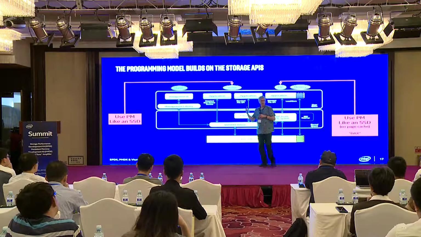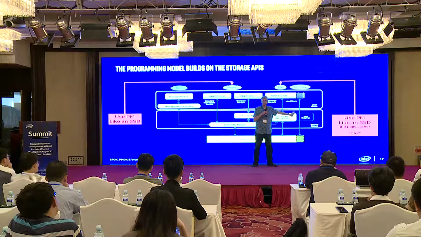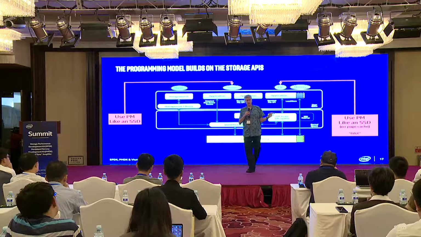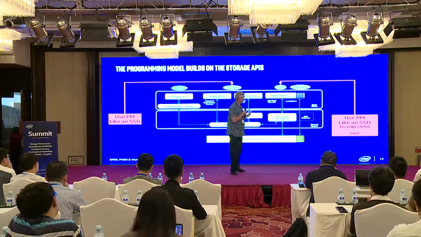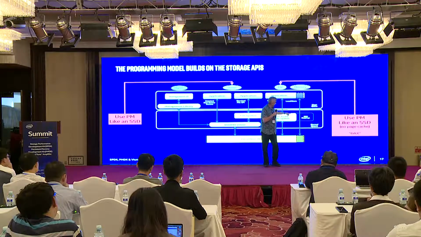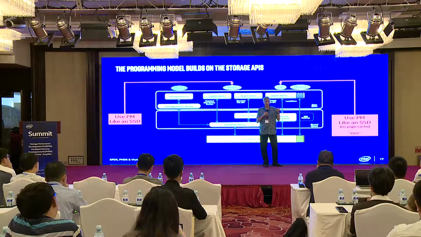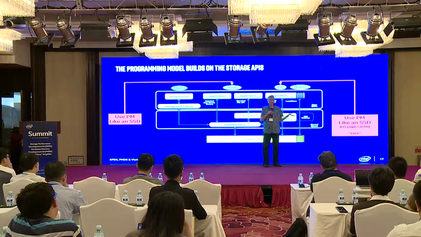Well, you know, historically msync is about flushing the page cache. There's no page cache over here. There's no caching. So what is it flushing? It's flushing the CPU caches. That's what needs to be flushed to make something persistent. So when I call msync, msync goes into the kernel and it says, oh, this is persistent memory. All I have to do is use this instruction to flush the CPU caches. But that instruction is not a privileged instruction.